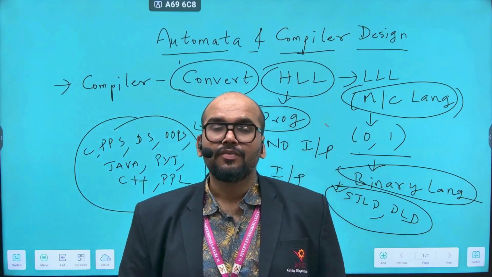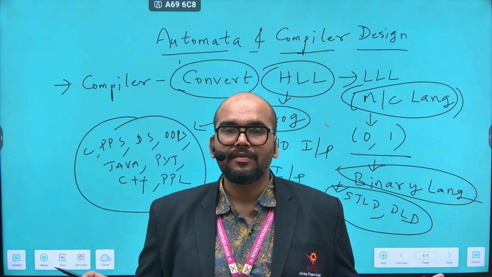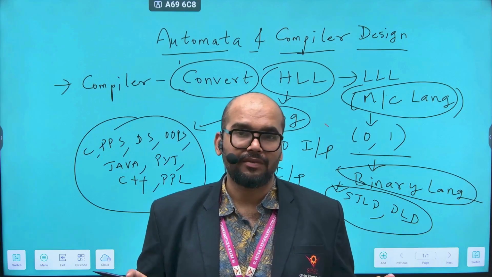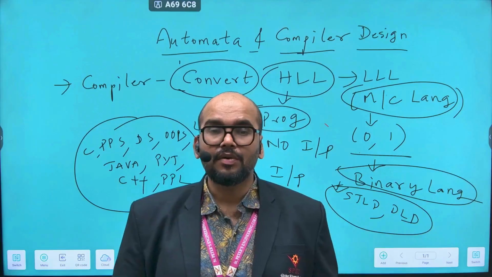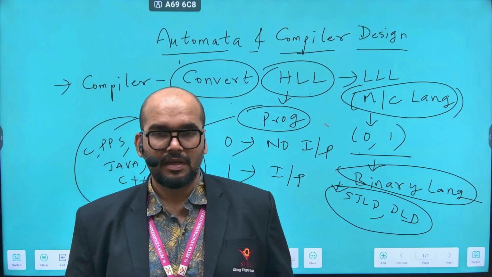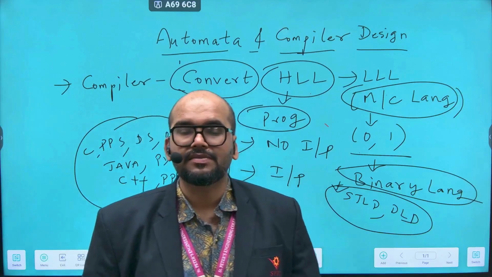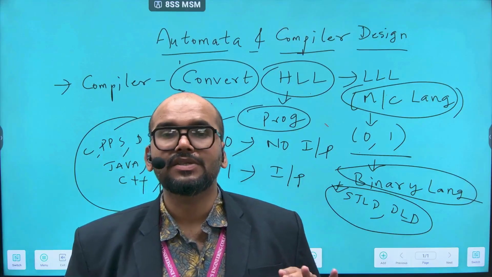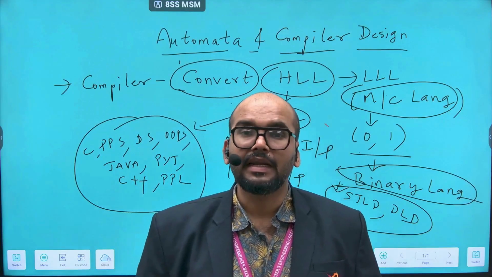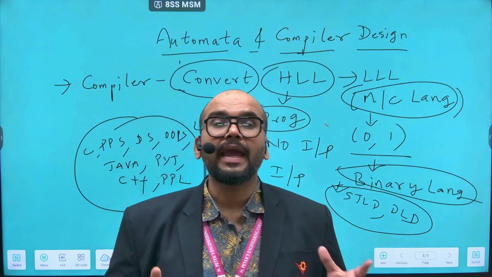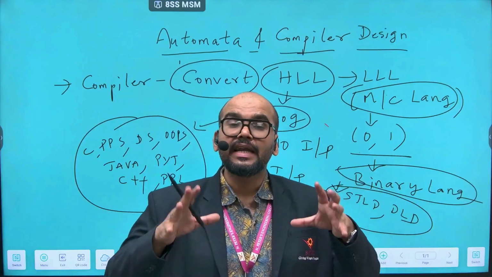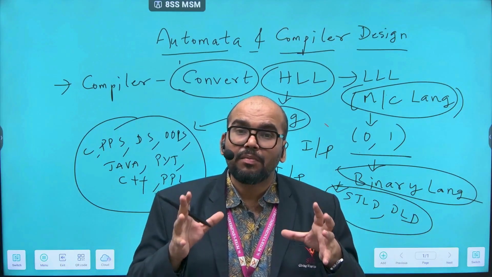Here we don't discuss any programming language, any binary language, or any machine language. We discuss the conversion process. Our courses FLAT and CD, or ACD, that is Automata and Compiler Design, deal with how a high level language is converted into a low level language. We deal with the conversion process.